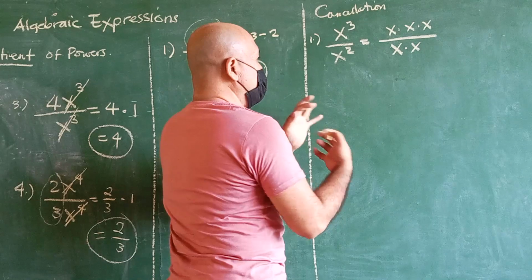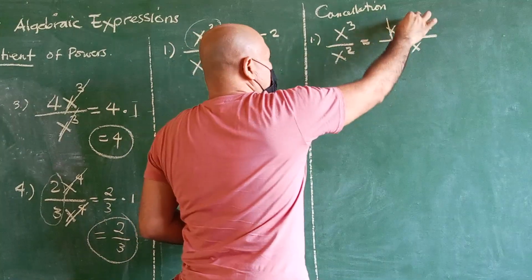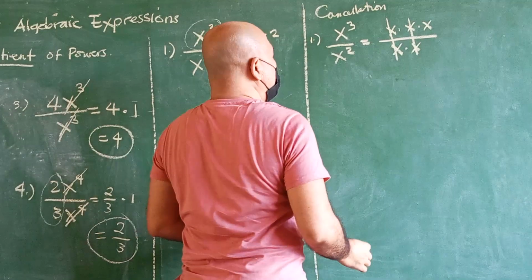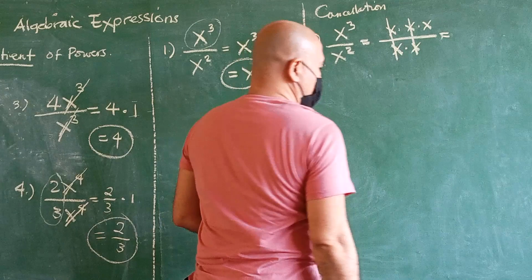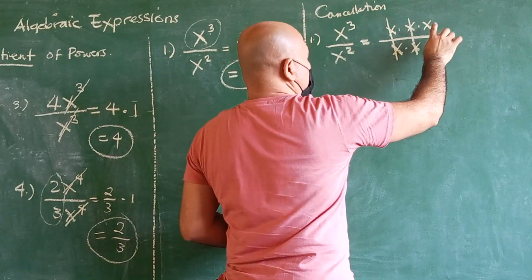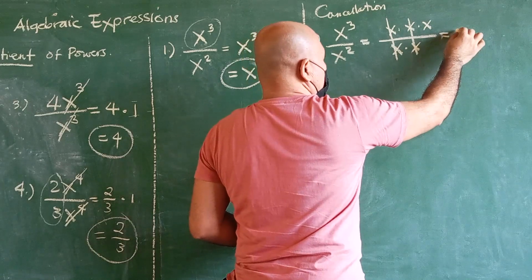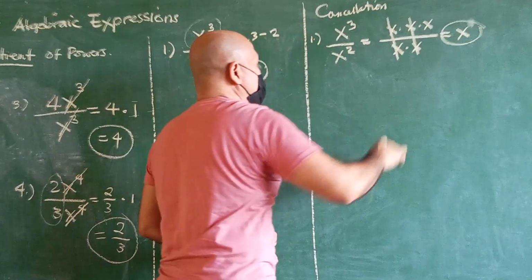This time, we are applying the reverse. After that, cancel the common factors in the numerator and denominator, and the remaining is only one x, or x raised to the power of 1, or simply x. So you can also do it this way.